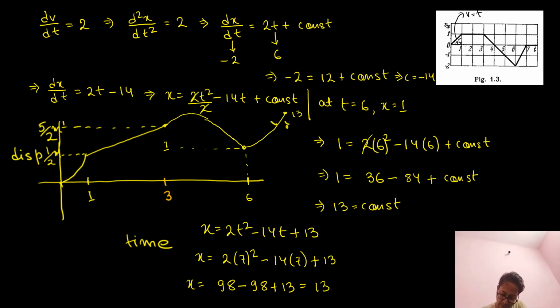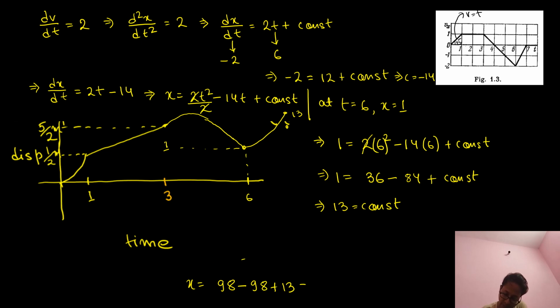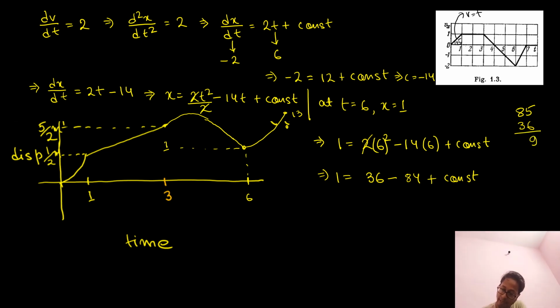Instead of writing t square, I just wrote 2t square. So let's erase this one. The value is 85 minus 36, which would be 49. So the constant would be equal to 49.